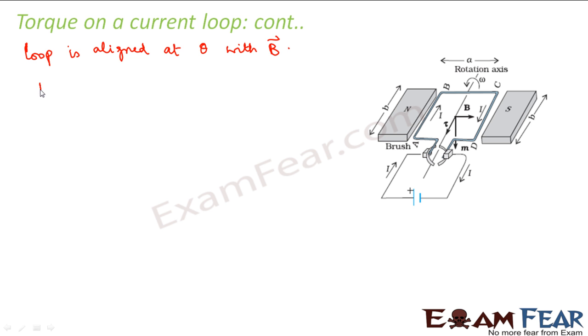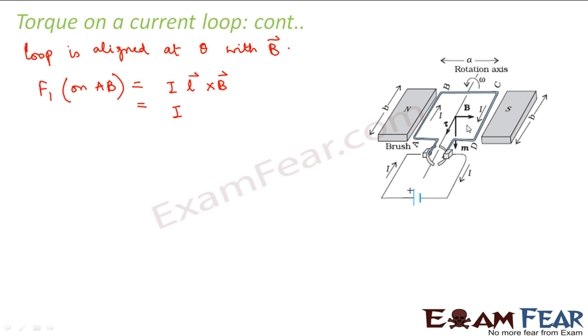Now we will calculate the force F1 on AB. The force on AB in this case will again be I L cross B. Earlier we said that the angle between L and B was 90 degrees. But now it will not be 90 degrees, because the magnetic field is not along the plane of this loop.